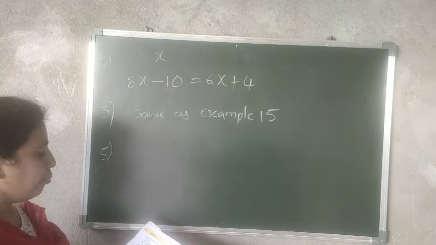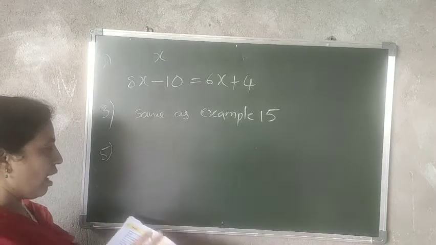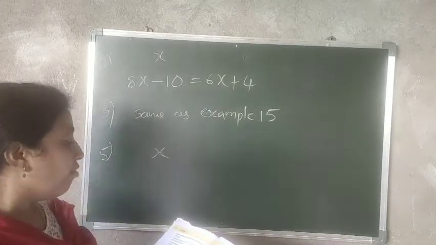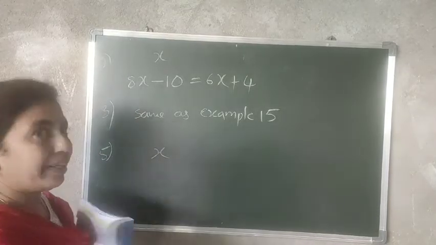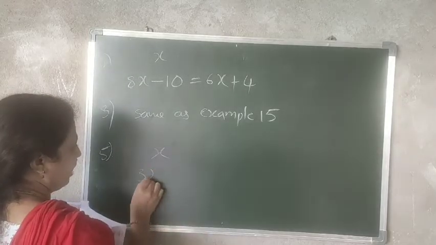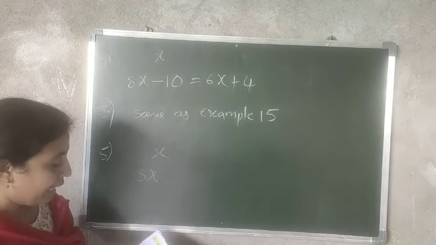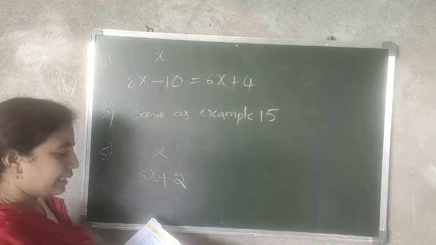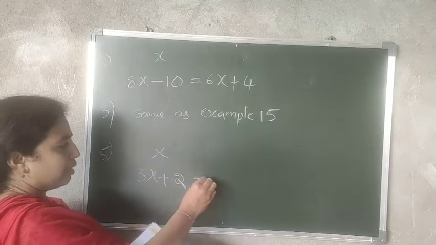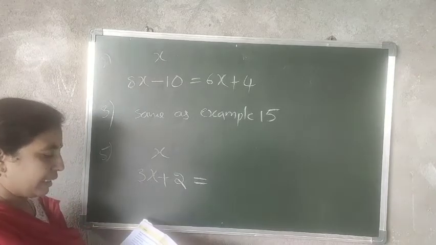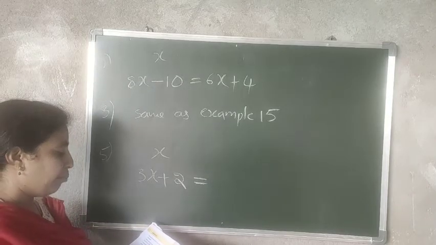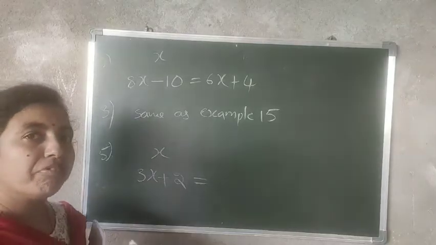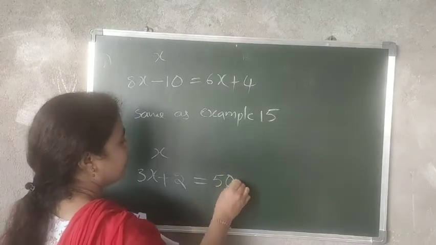Fifth: when I triple a certain number, again we don't know that number, let it be x. Triple means 3 times. When I triple this number and add 2, I get the same answer as I do when I subtract the number from 50. Same answer means equal. Subtracting x from 50 means 50 minus x.